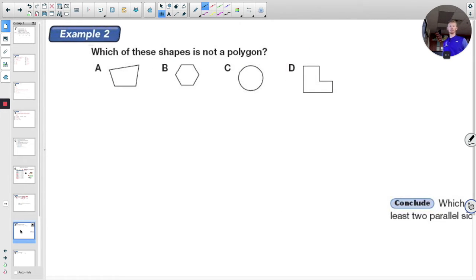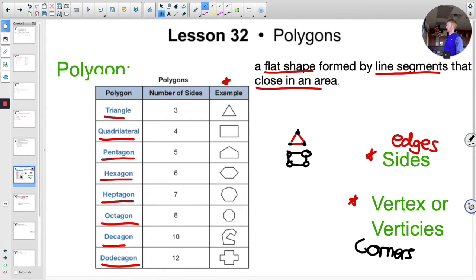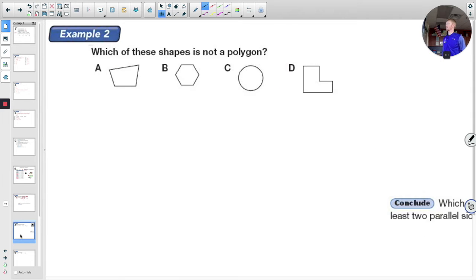Which of these shapes is not a polygon? Polygon. So if you have that memorized here, or you go back to your notes, polygons are flat shapes formed by line segments that close in an area. And this asks which of these is not a polygon. So it needs to have flat edges. So A is a polygon.